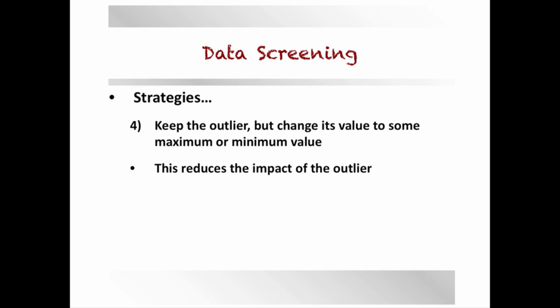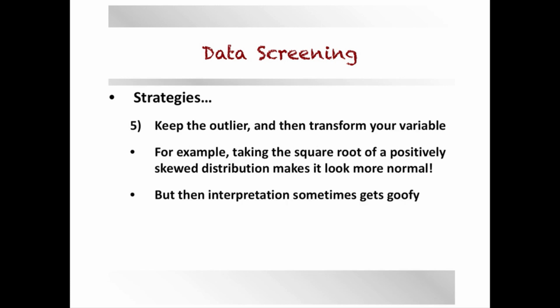But otherwise, it's tricky, and you probably want to get the advice of your collaborator or supervisor if you're changing outlier values around. Number 5 is to keep the outlier and then transform it. This is the fancy version. For example, taking the square root of a positively skewed distribution makes it look more normal. If you go to the books, Tabachnick and Fidell, for example, have these different recommended transformations of variables.